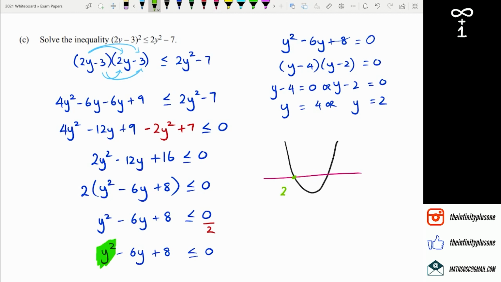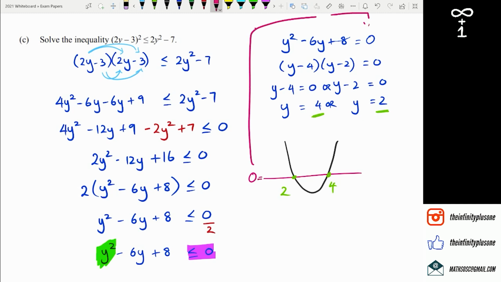So we've got the 2 and we've got the 4. Just to reiterate, that's where the 2 and 4 come from. Now the next part is I want to look at when this is less than 0. The red line that I've drawn is when it equals 0, because that's what I did here.